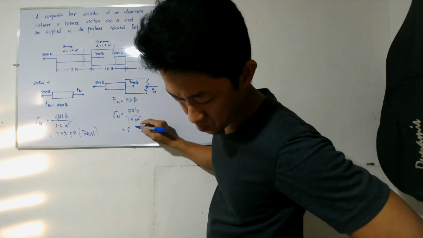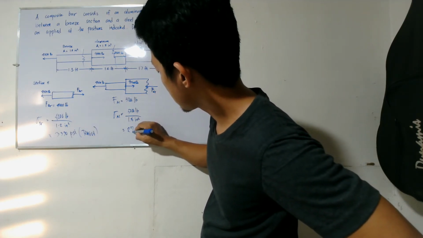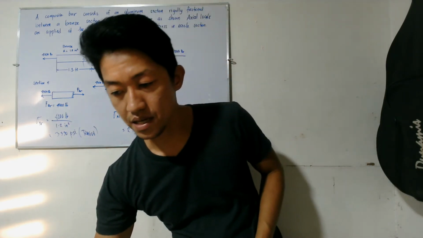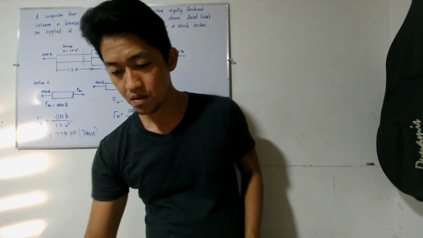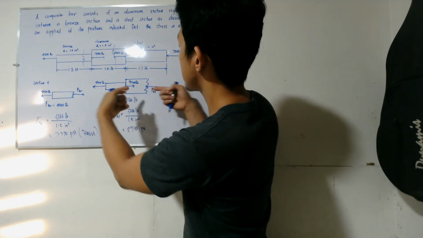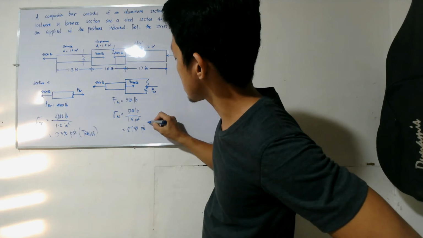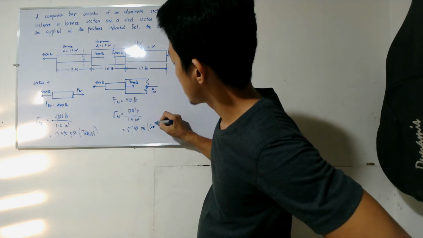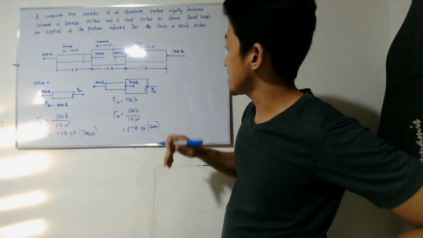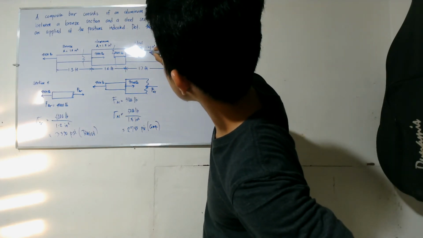So this is 2,780 psi. Since this tries to compress the aluminum section, it is compression. Lastly, we will cut a section around here.